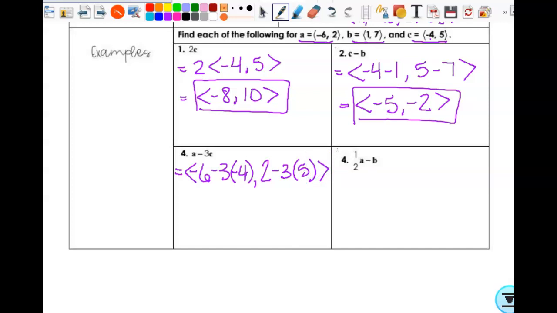Everybody okay with where all the numbers came from? Make sense? I mean, you can do it in more steps if you want. But this is going to give me a positive 12, -6, so that's a positive 6, -15, positive 2, -13.